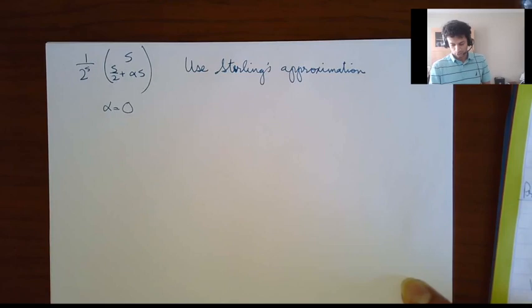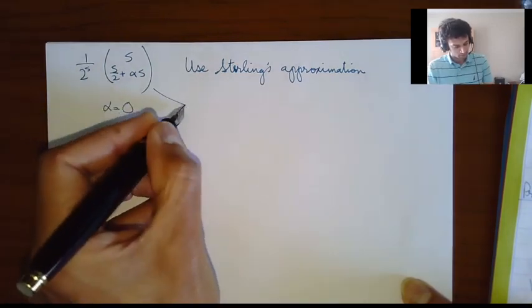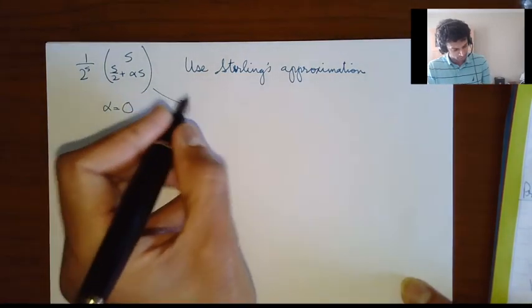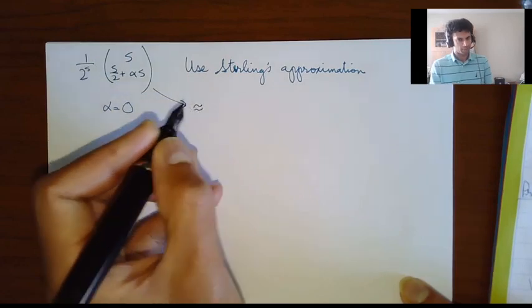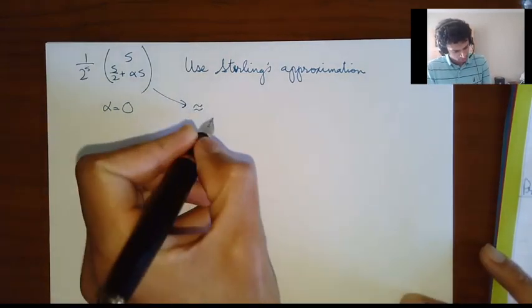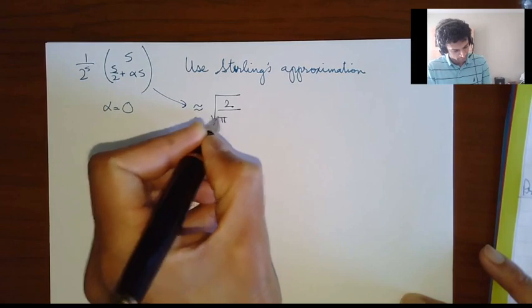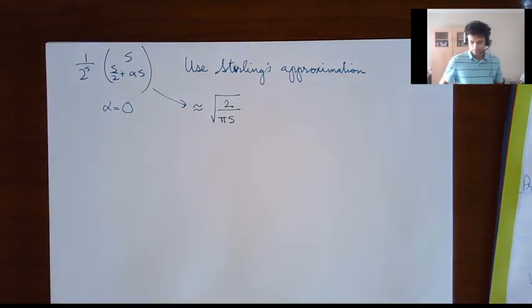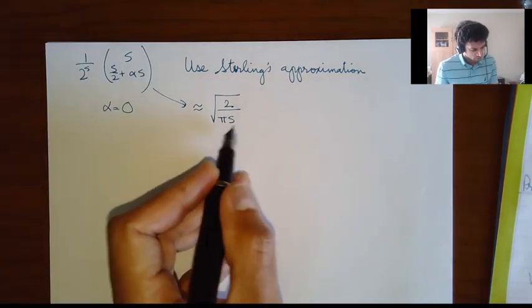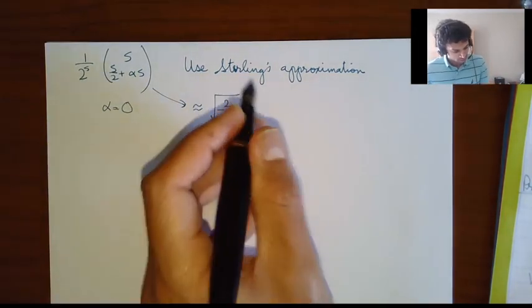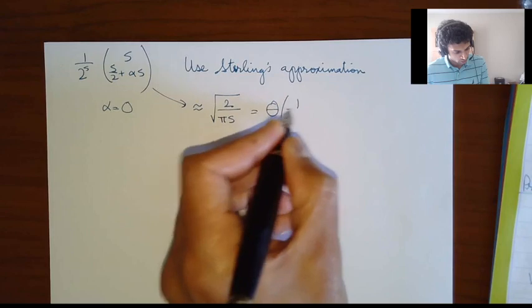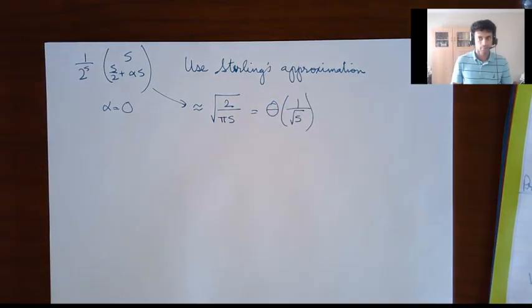When alpha is equal to 0, ignoring the lower order terms, what you get is roughly 2 divided by root pi S. Ignoring the constant, it's theta of 1 divided by square root S.